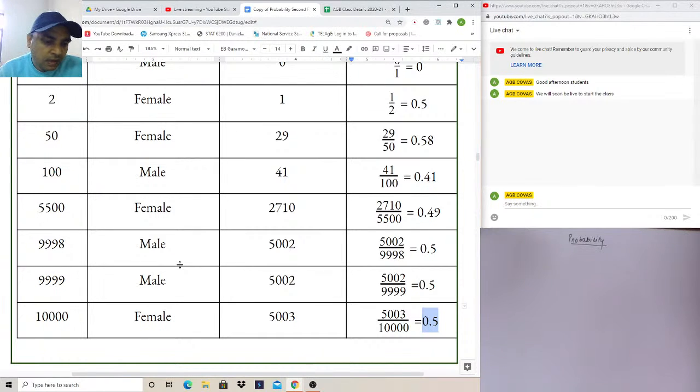So from this experiment, initially when we conducted the trial, the frequency was fluctuating, but when we increase the number of trials, the frequency gets stabilized, and that is the natural frequency of that phenomenon. And hence, because of this, we say that the probability of getting a male or female is 0.5.